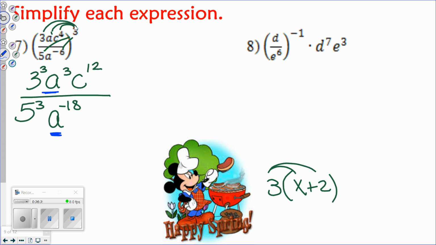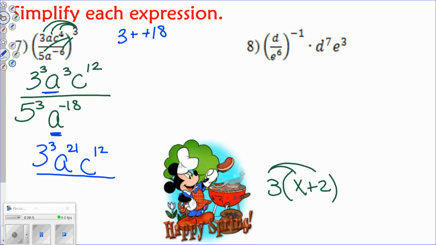So what is 3 minus negative 18? It's 21. Be careful. When I write it like that, usually people realize 3 minus a negative means plus. So I'm going to have 3 to the third, a to the 21st, because by default, where do they go? On the top. I have a c to the 12th, and on the bottom, I still have a 5 to the third.